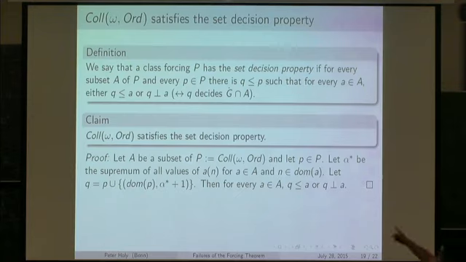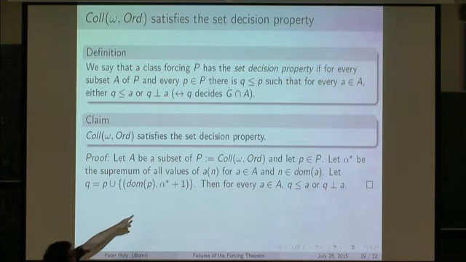Okay, so what I do now is I take this condition P and I just add one component. At the top of P, I add this alpha star plus 1.